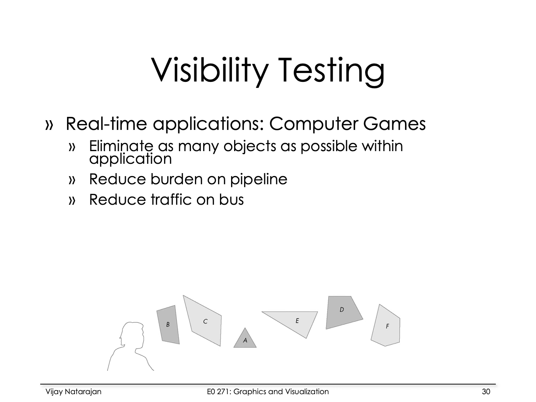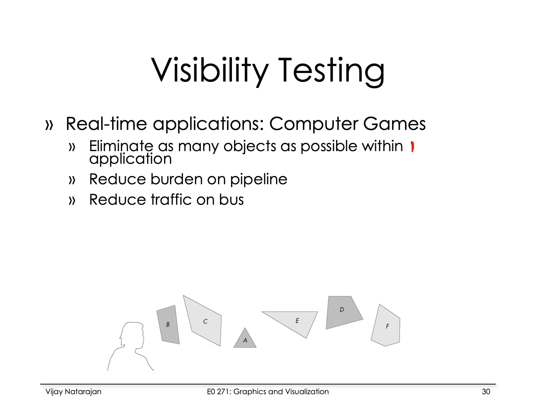Right? So in these games, interactivity is key. So you would like to remove as many objects as possible from entering the graphics pipeline. So naturally this will lead to efficient processing. It reduces burden on the pipeline, and more importantly, these are triangles that do not go on the bus between the CPU and the GPU.